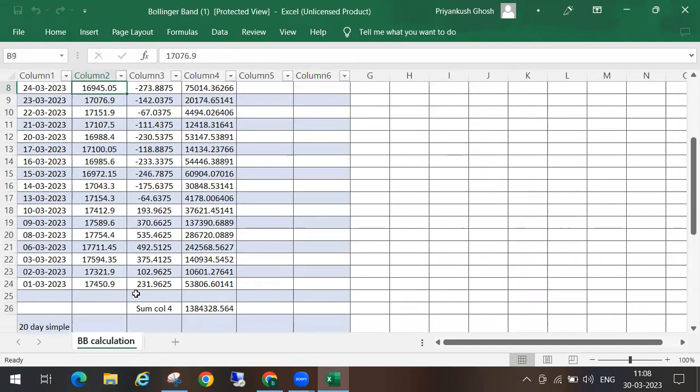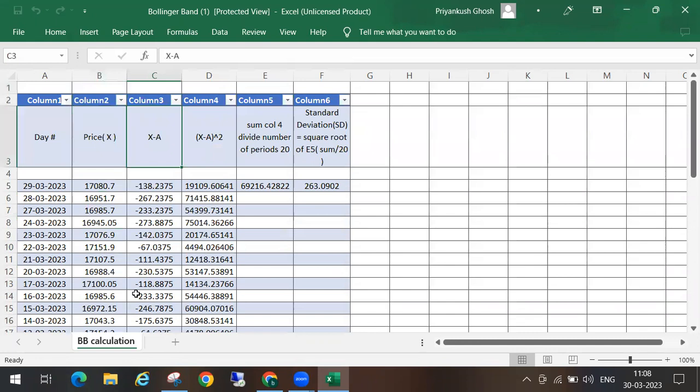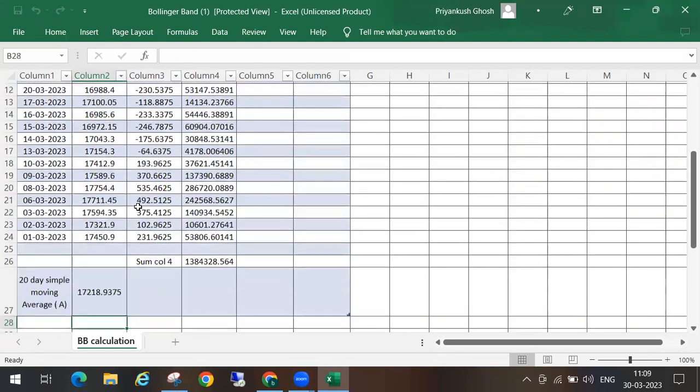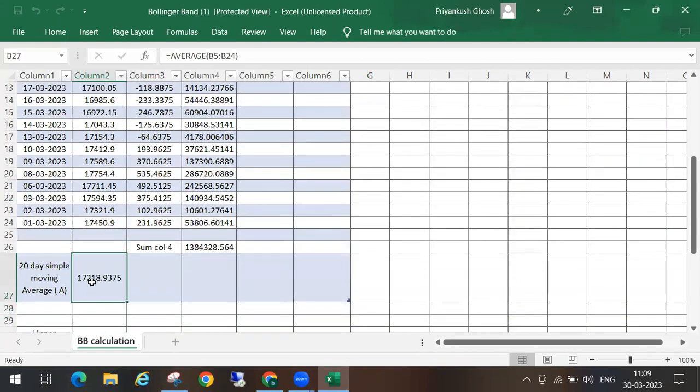Now X minus A. So for every X minus A, my this column is 17,080.7 minus my average. So like this it goes on. So this is B6 minus my average, B27.